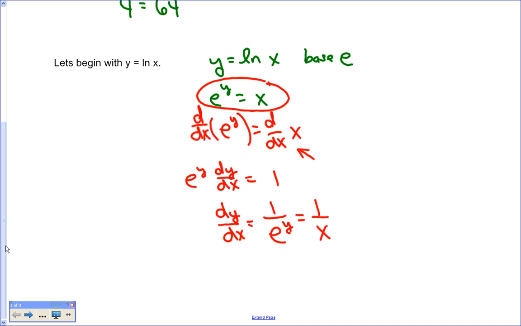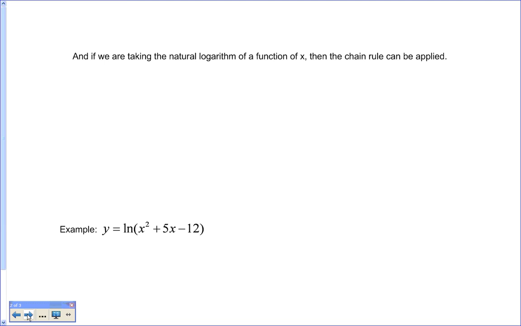So we can summarize that now to say that if we differentiate natural log of x, that's going to become 1 over x. Now, if we're taking the natural log of a function of x, then the chain rule can be applied.